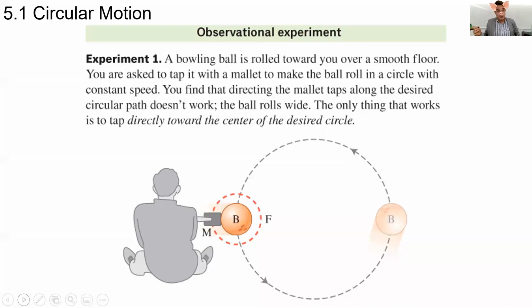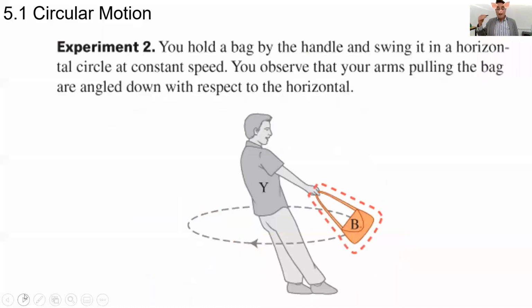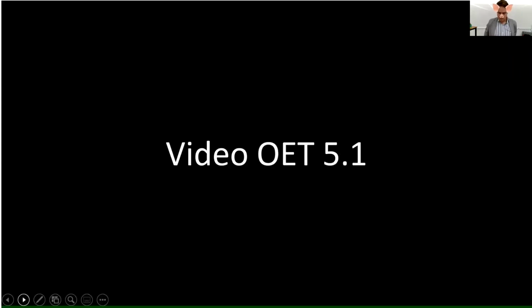What the person finds really quickly is that you have to tap it towards the center of the circle, or else it always tries to go on a straight path. The second experiment is you hold a bag by the handle and you swing it in a horizontal circle at a constant speed. You observe that your arms pulling the bag are angled down with respect to the horizontal. So let's try to look at that video. Hopefully you'll be able to see it.